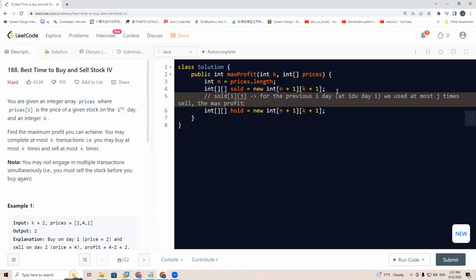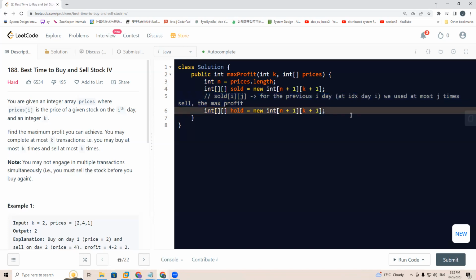So at most j times means we can use less than or equal to j, right?